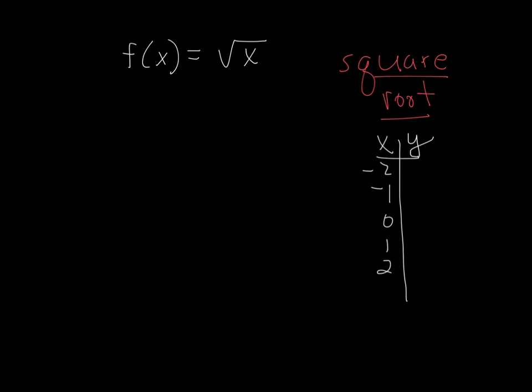You can never take the square root of a negative number, because you're asking yourself, let me do a quick reminder here. The square root of, say, 4 is 2. The reason it's 2 is because 2 times 2 equals 4. Whatever's in here, you're looking for the number times itself that would equal that number.